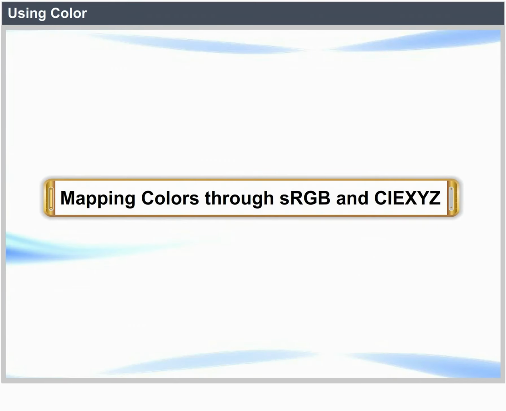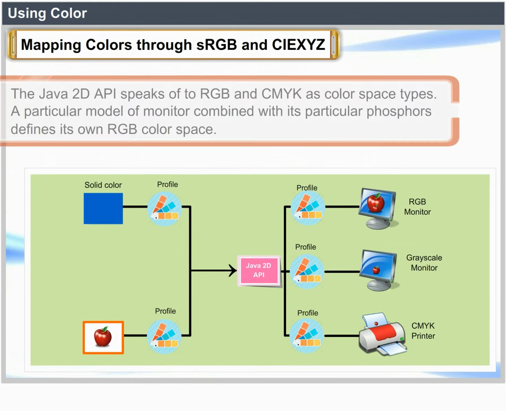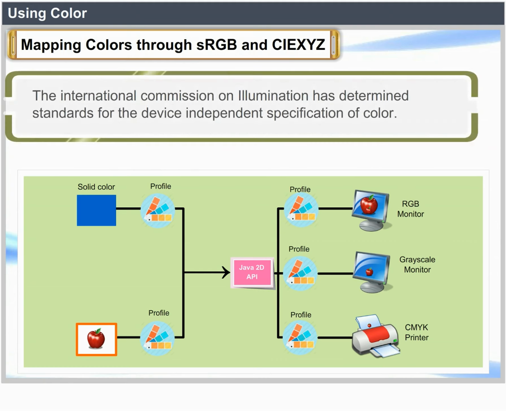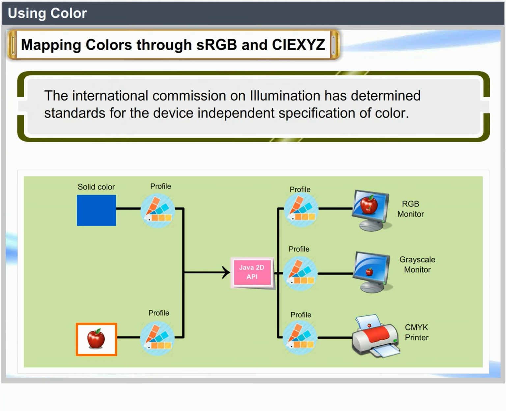Mapping colors through sRGB and CIEXYZ. The Java 2D API speaks of RGB and CMYK as color space types. A particular model of monitor combined with its particular phosphors defines its own RGB color space. The International Commission on Illumination has determined standards for the device-independent specification of color.